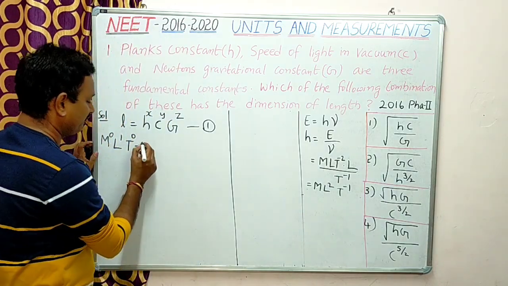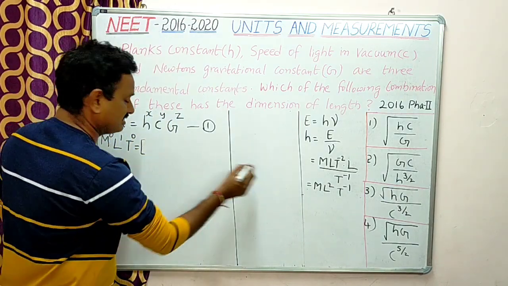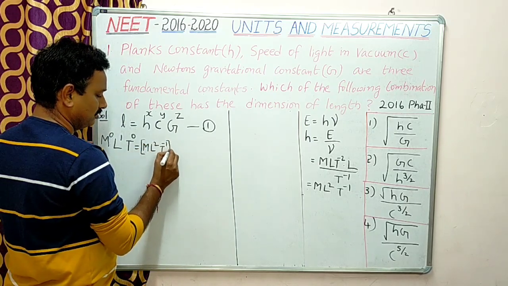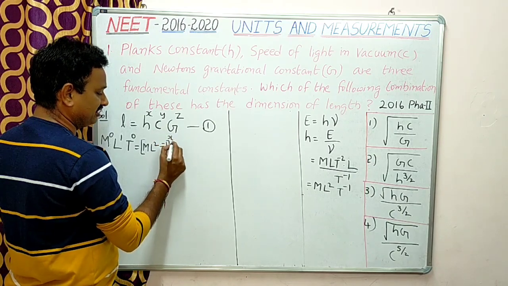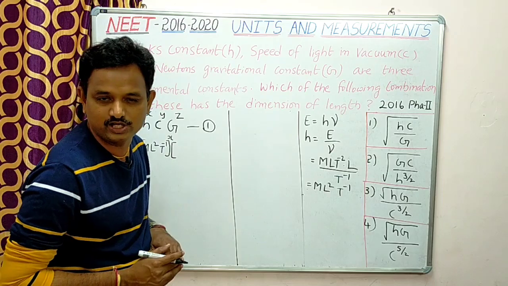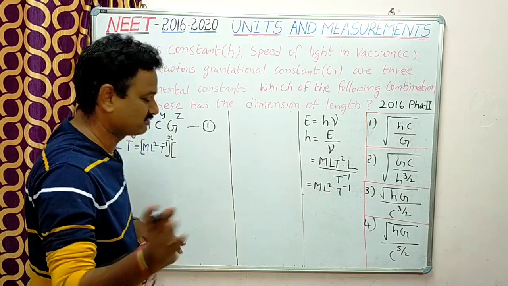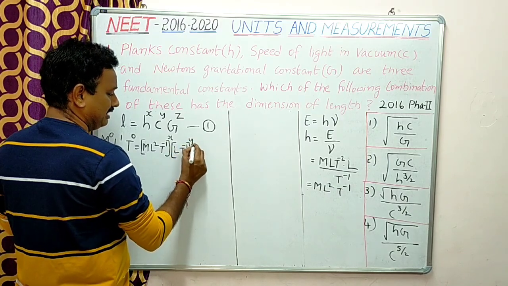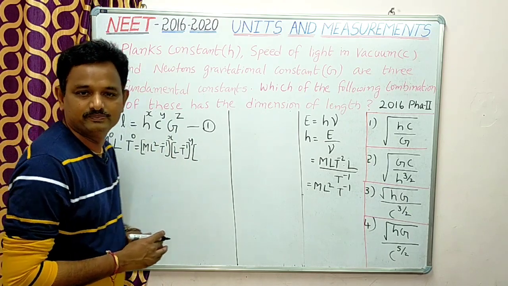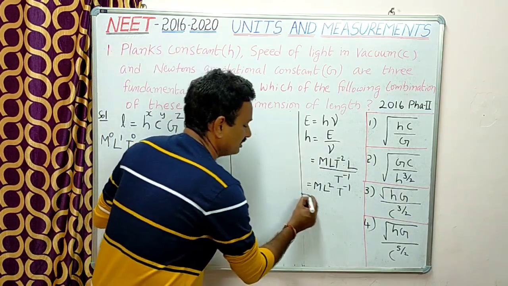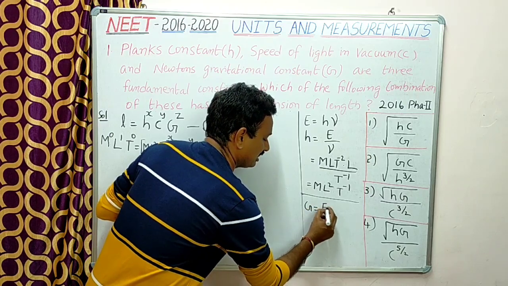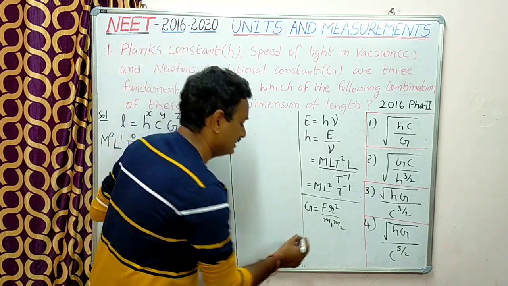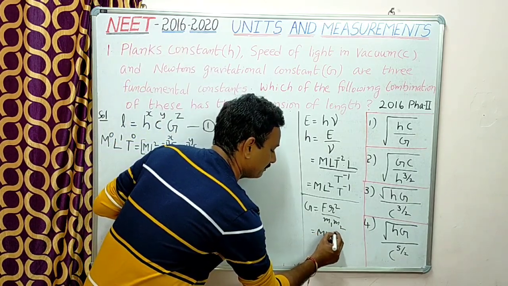Now in the place of h I will write the dimension formula for h, that is m L square t power minus 1 whole power x. And for c, c means speed of light in vacuum, that is L t power minus 1, so L t power minus 1 whole power y. And in the place of g I have to write the dimension formula. You know that for g you can write F r square by m1 m2. For force, that is m L t power minus 2.